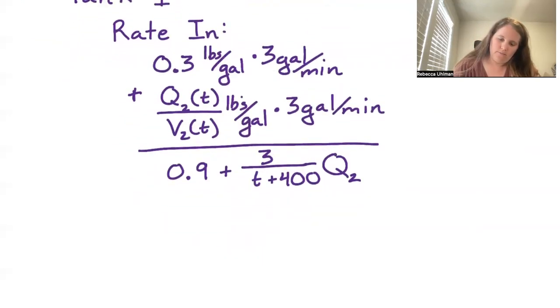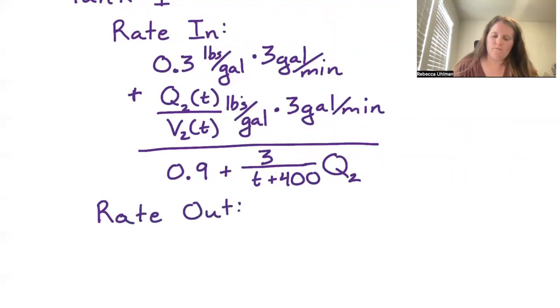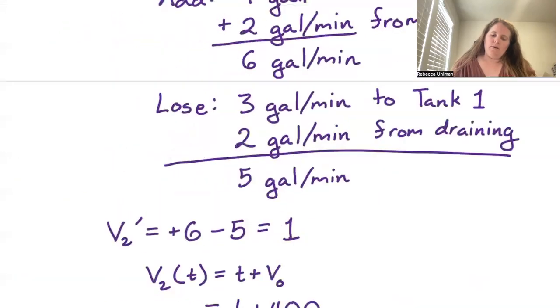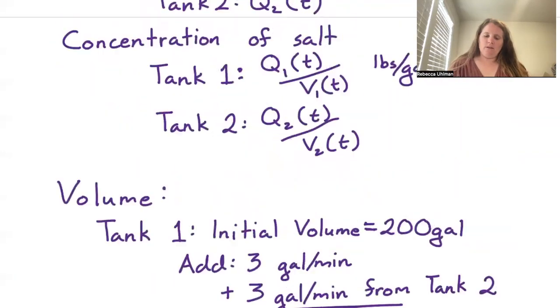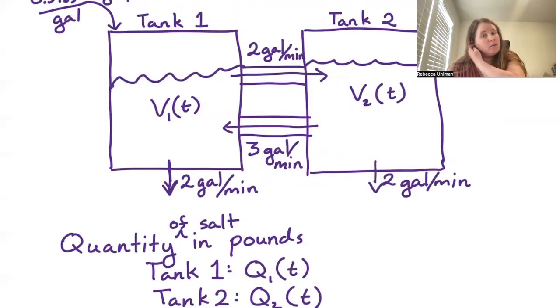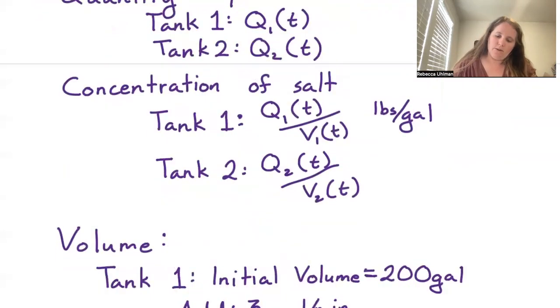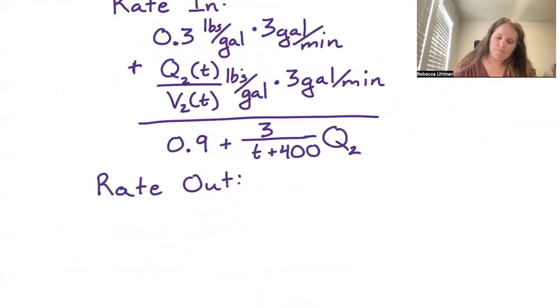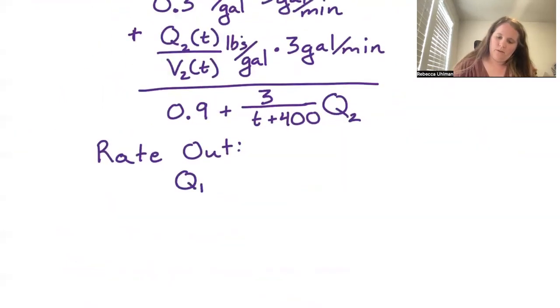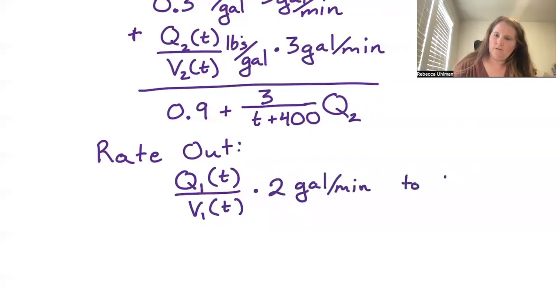Our rate out, we are losing 2 gallons per minute out of the bottom, and we are losing 2 gallons per minute to tank 2, all of whatever solution is in tank 1. So we lose Q1 of T over V1 of T times 2 gallons per minute to tank 2.